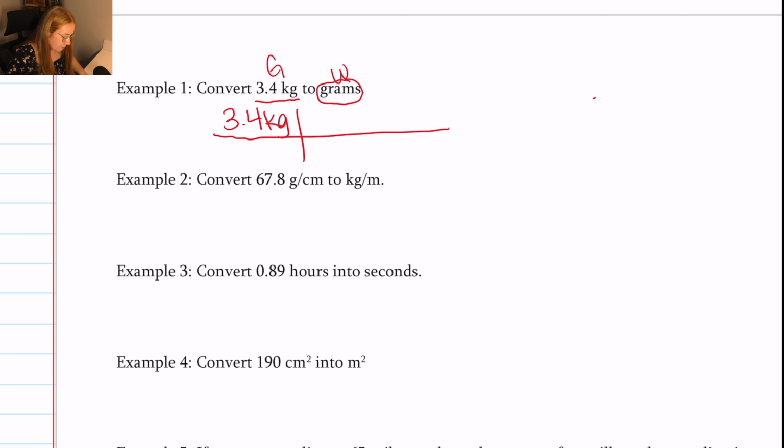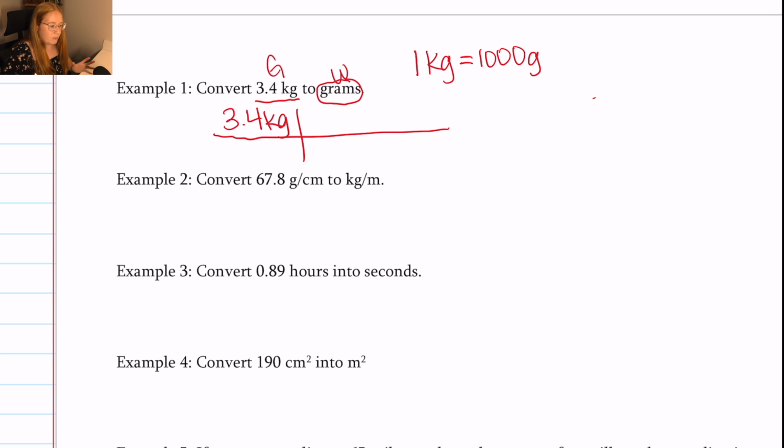The next thing I need to think about is what conversion factor will get me from the given to the wanted. So we just talked about 3 conversion factors you need to kind of have in your brain, and one of those was kilo. So just remember that 1 kilo, which in this case is kilograms, is 1,000 base units. So 1 kilogram is 1,000 grams. So that's our relationship.